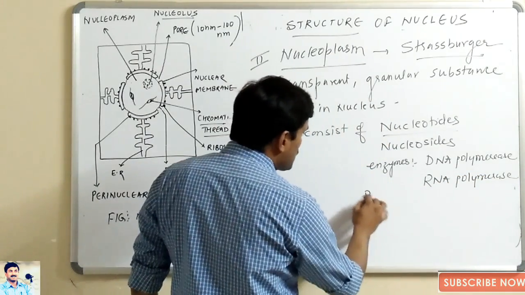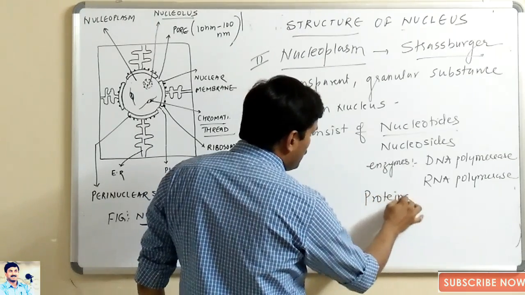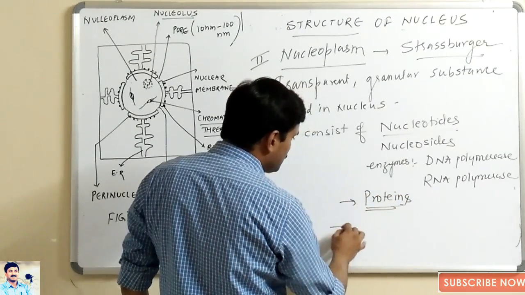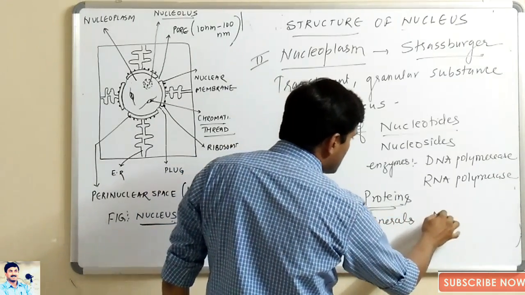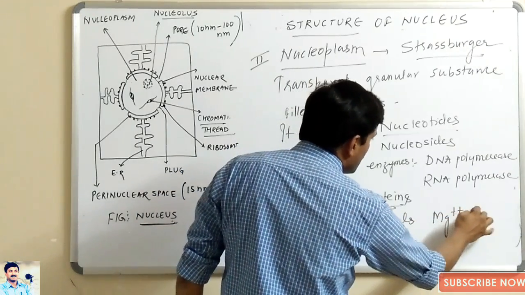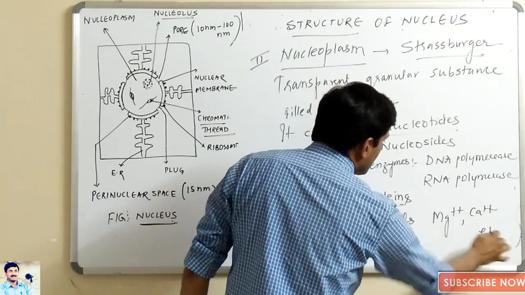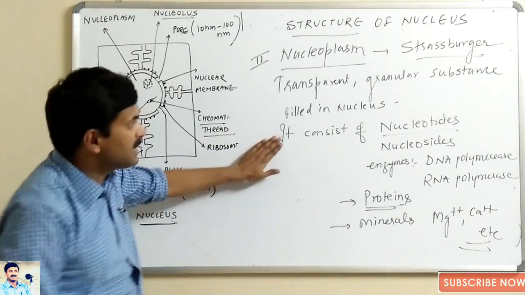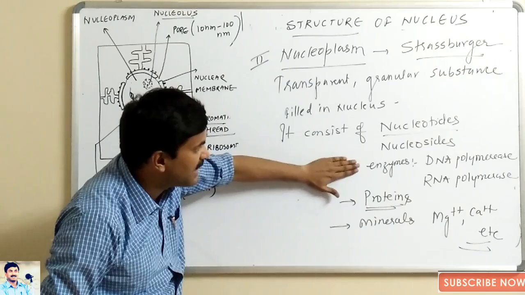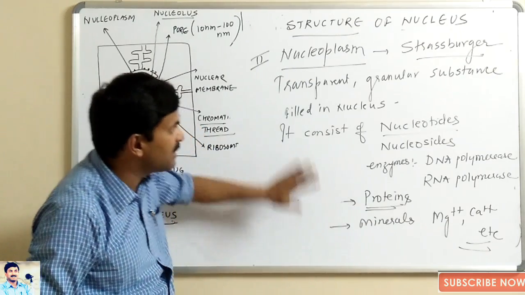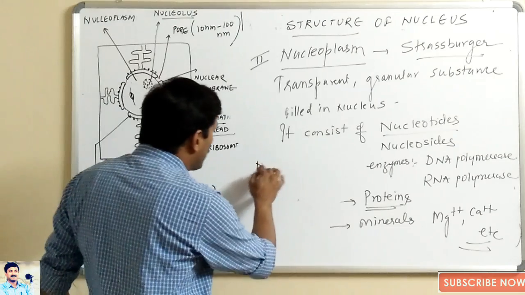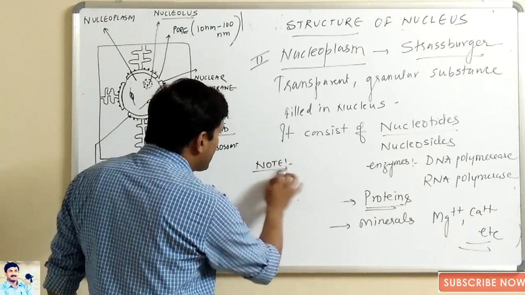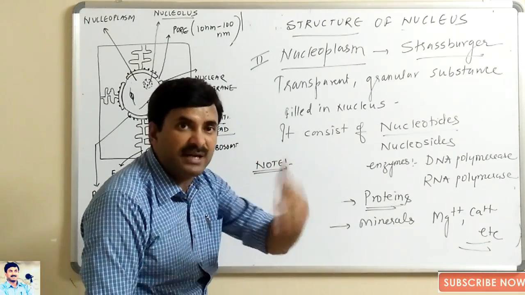Okay, it consists of proteins, minerals, such as magnesium ions, calcium ions, etc. It consists of the nucleotides, nucleosides, enzymes, proteins, minerals, etc. So this is the composition of what? The nucleoplasm.